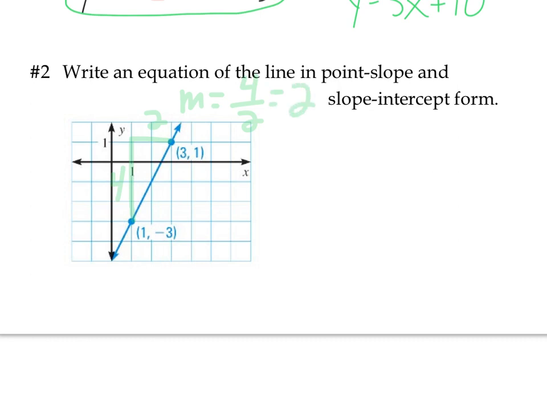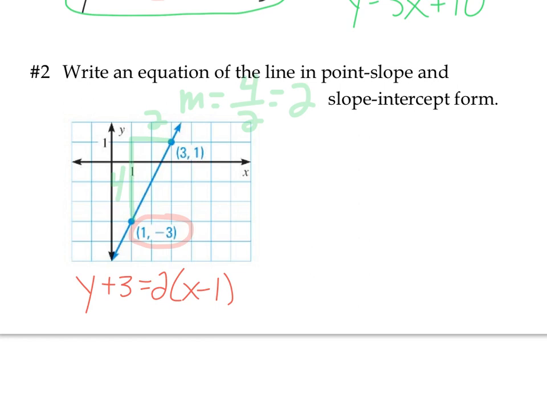Let's use this point now to write our equation of the line. If we do that, we're going to get y minus a negative 3, so it's y plus 3, equals m, which is 2, times x minus 1. So that would be the point slope form using that point 1 comma negative 3.